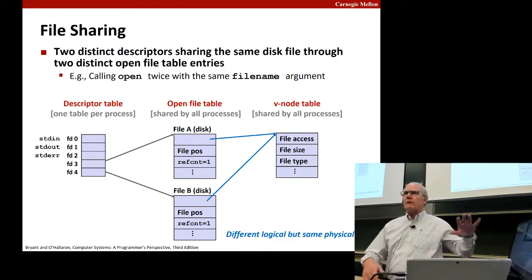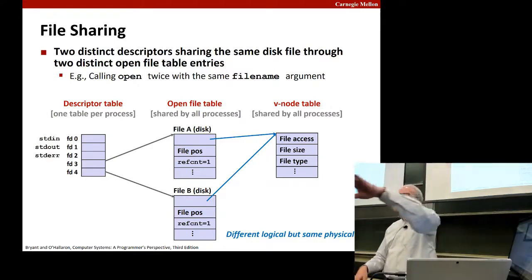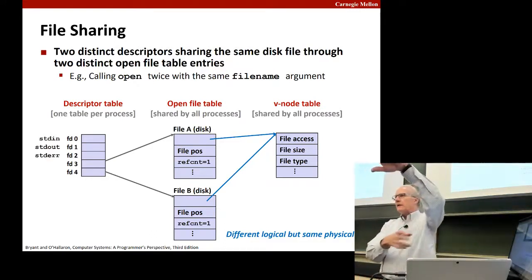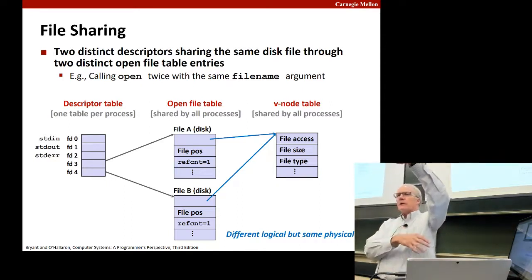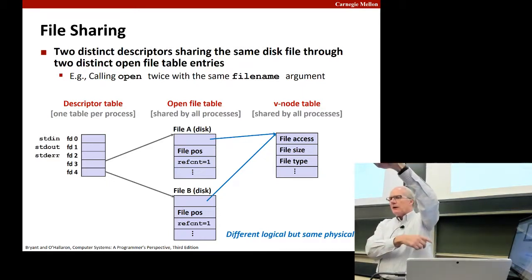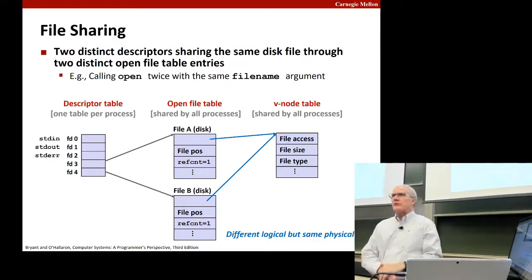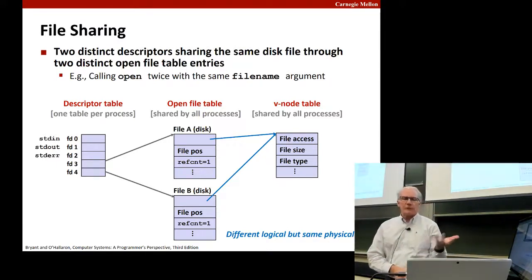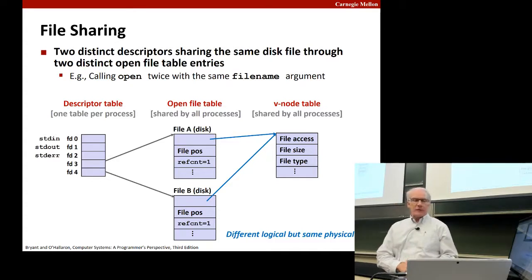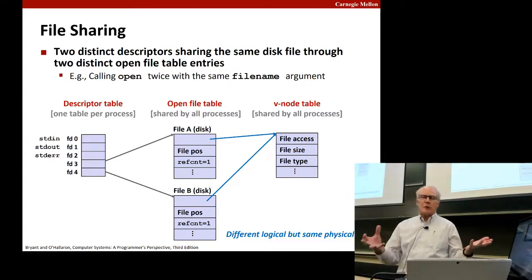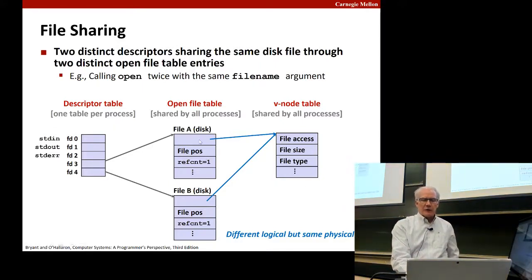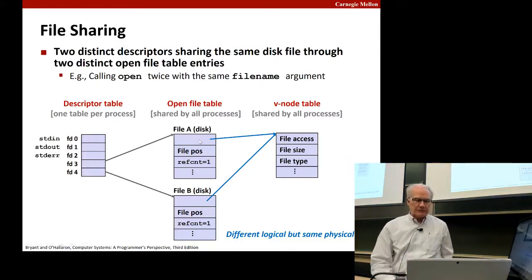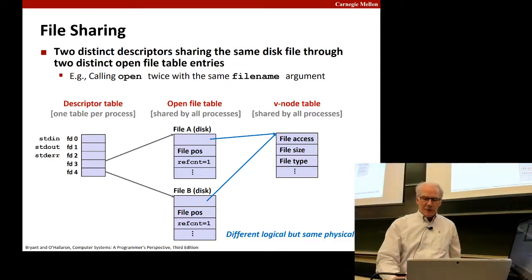Think about this: if for some reason you're reading a file and you decide you want to open that file again and start reading, you'd like the ability to keep those two file positions independent. That's what happens because there are different records in this table. So if you call open twice, you're sharing the file, but you're not sharing information about its file position. And so the reference count would stay 1.